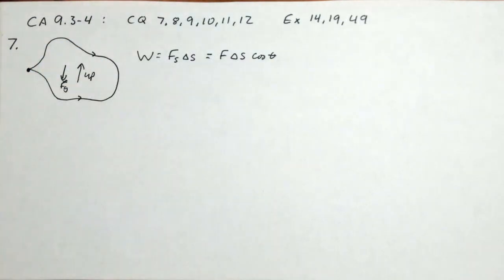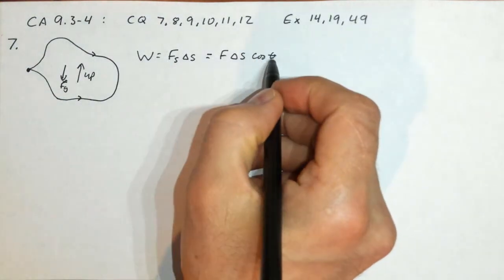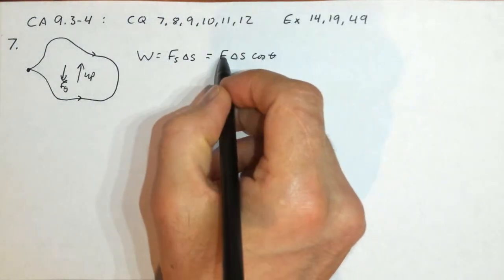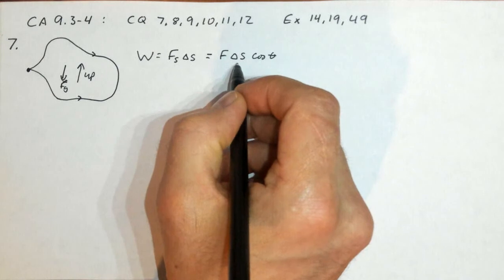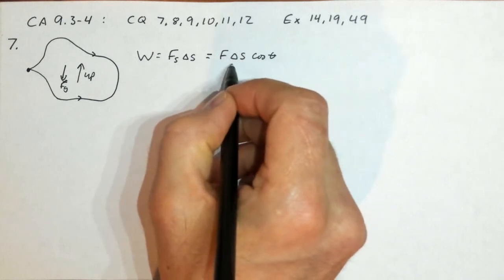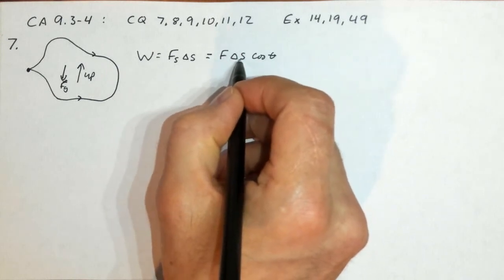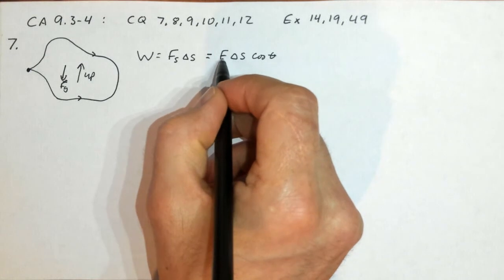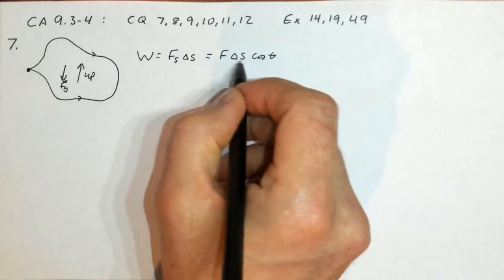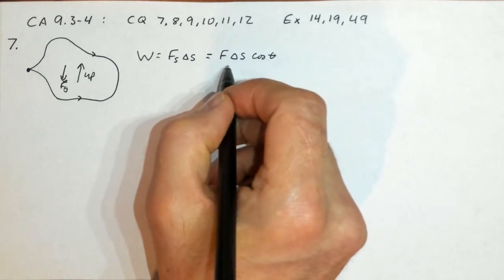So this cosine of theta means I want the amount of force in the direction of delta S. I could actually rewrite that and say I want the displacement in the direction of the force. I could tack this cosine of theta onto delta S and get the same thing.